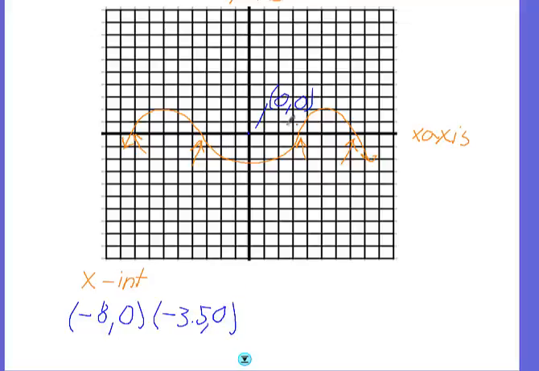Then we go here, 1, 2, 3, positive 3.5. And again, our y is going to be 0. And then we go to the last one, 1, 2, 3, 4, 5, 6. We'll say it's here, it's 7, and it's 7, 0.